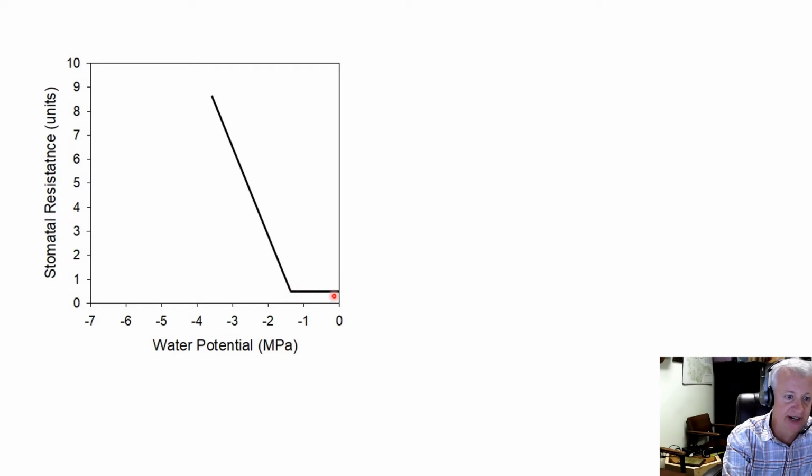But at some threshold, in this case at approximately minus 1.5 megapascals, stomata start closing. So stomatal resistance starts increasing relatively rapidly. That's what I would call a threshold response. And that tends to be what the response of stomatal resistance is to leaf water potential.